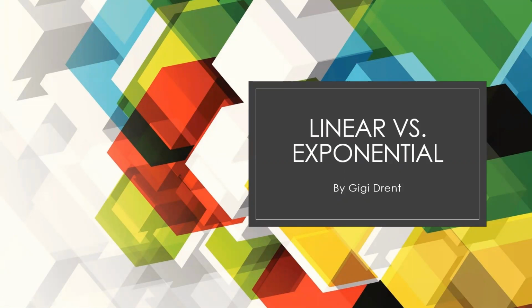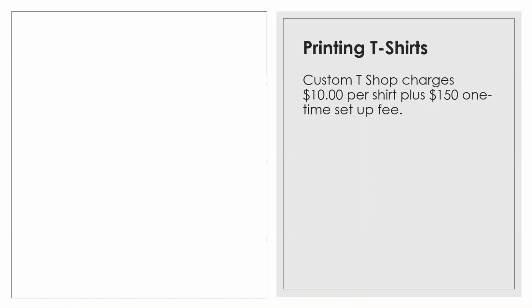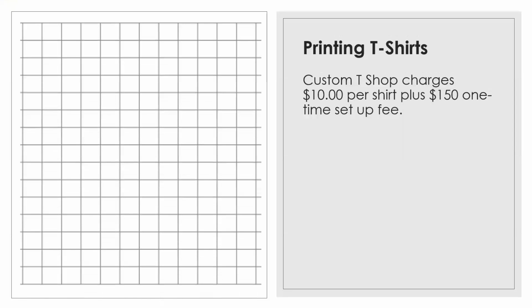All right, linear versus exponential. So let's consider this scenario. You're printing t-shirts, okay? And this shop, the custom tee shop, charges $10 a shirt, plus $150 for a setup fee. That's just a one-time setup fee. Okay, so let's model the situation using a graph. Okay, so you've seen this before, right?